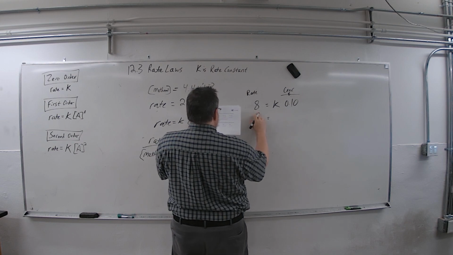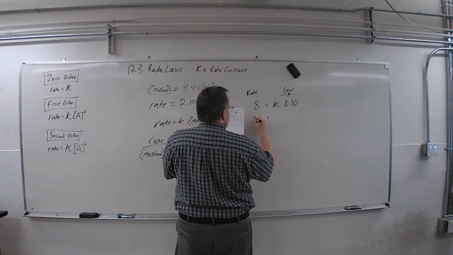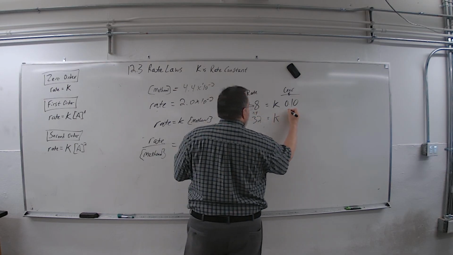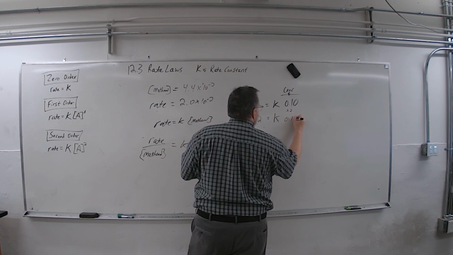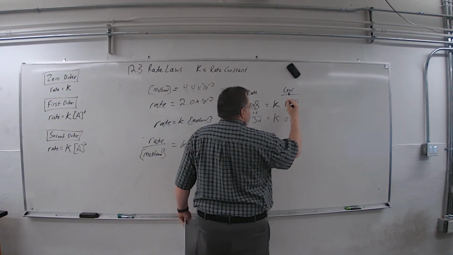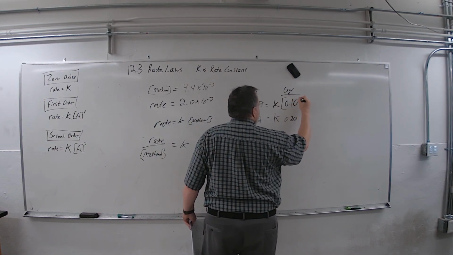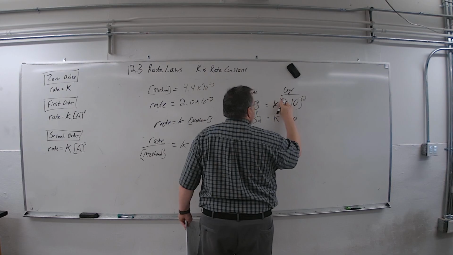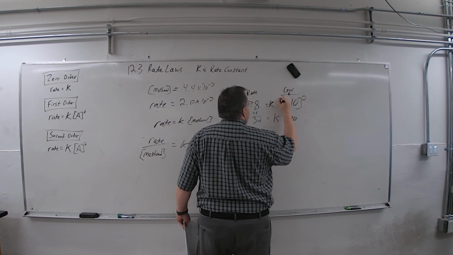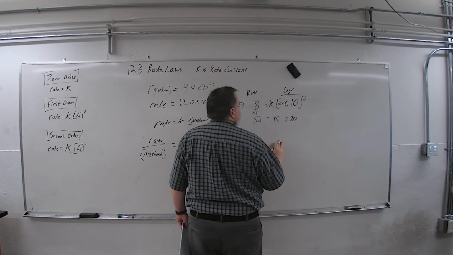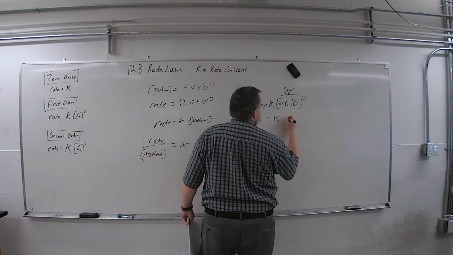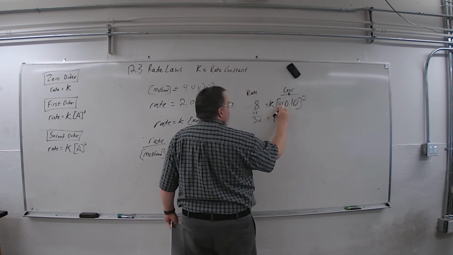If I call that 8, then this one is 32, but that makes sense because if I do 2 times that, it ends up being 4 times once I do the square.